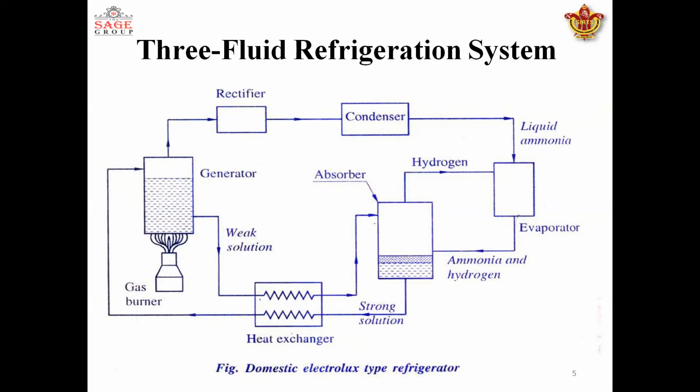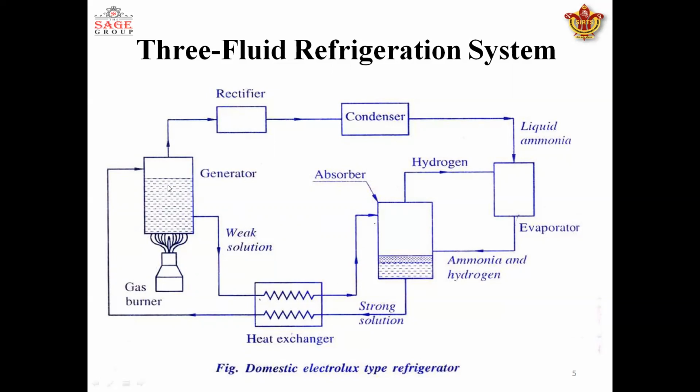And there is the exchange, so that we have to consume less fuel, as the strong solution is gaining heat from the weak solution, and the weak solution is rejecting the heat to the strong solution. Thus we have to use less circulating water over the absorber to cool it down. As we noted, the cold water has the strong affinity towards the ammonia vapor. So this is the purpose of the heat exchanger.